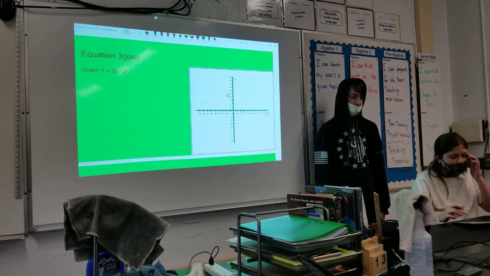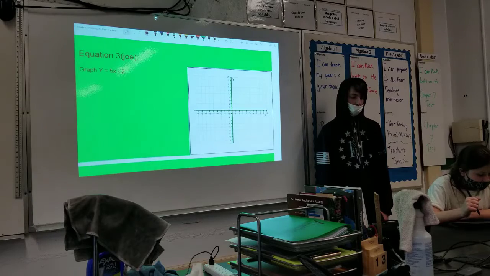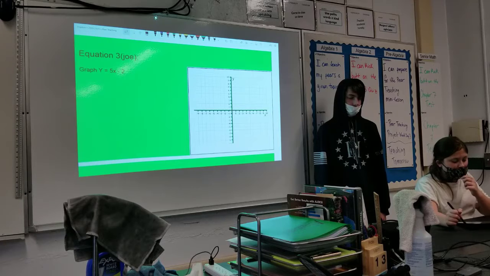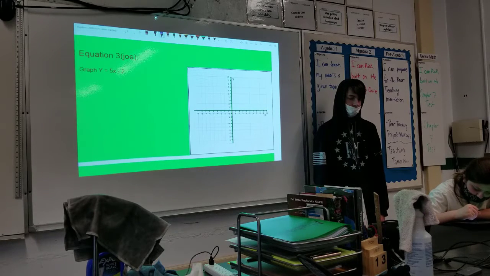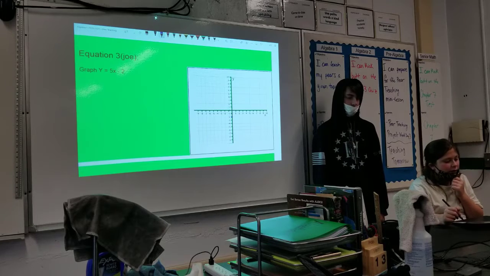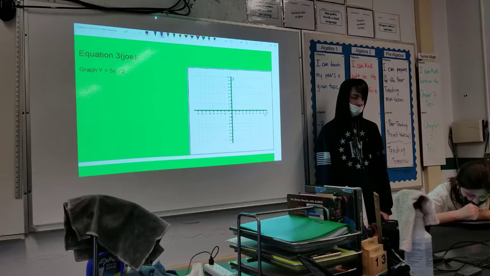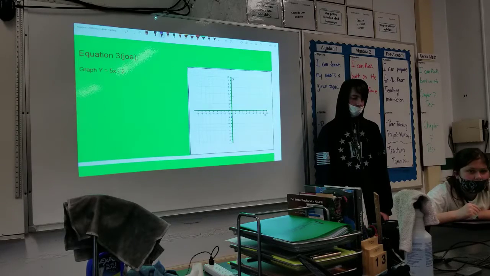And so this one is going to be y equals 5x minus 2. So I would first put a dot on -2. And then, since it's 5/1, which is 5, I would go up 5, and then I go right 1.